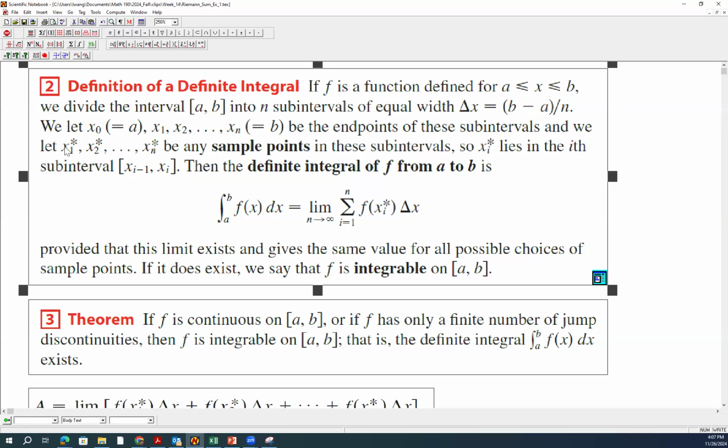And we choose points. On the construction of these intervals, we have x1, x2, xn. The beginning point is a, which we call x sub 0, and the last point is x sub n.